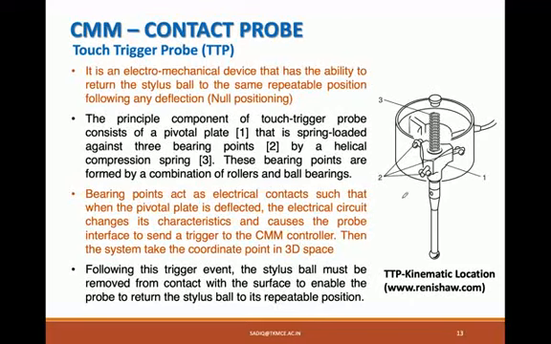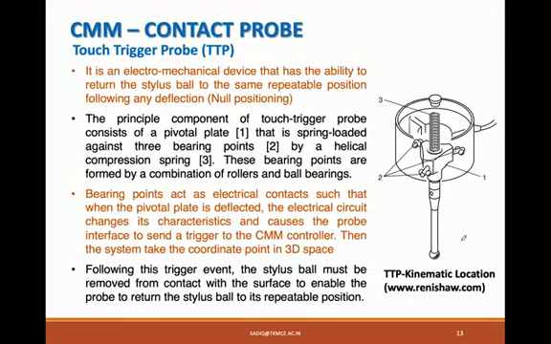So what happens is, when the stylus comes in contact with the workpiece, it will be tilted. While it is tilted, one of the contacts of this bearing will be lost based on the direction of movement of the stylus.